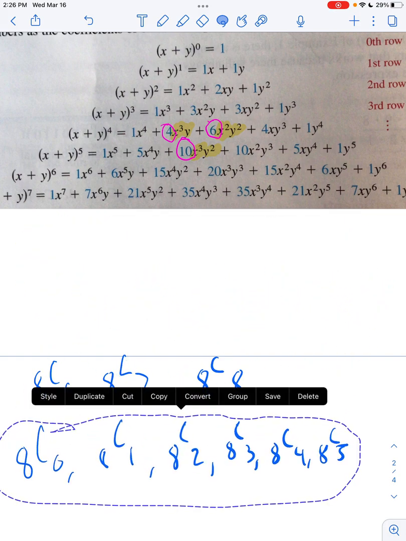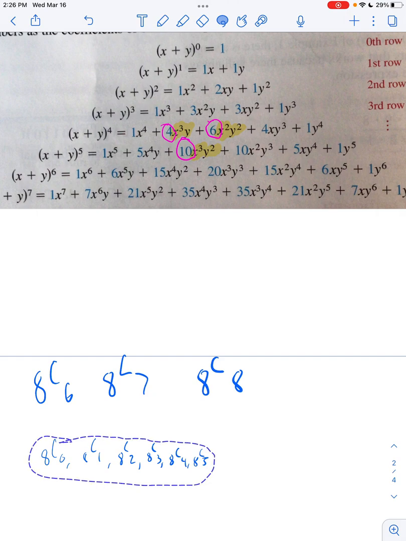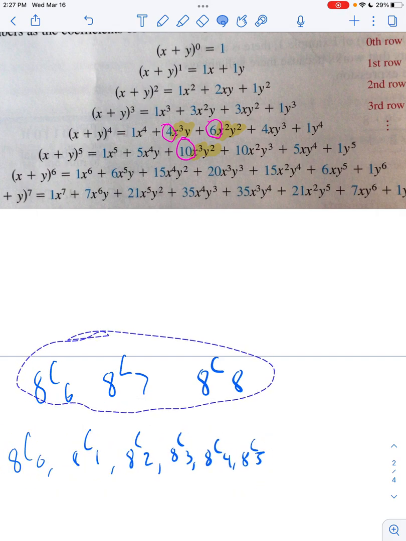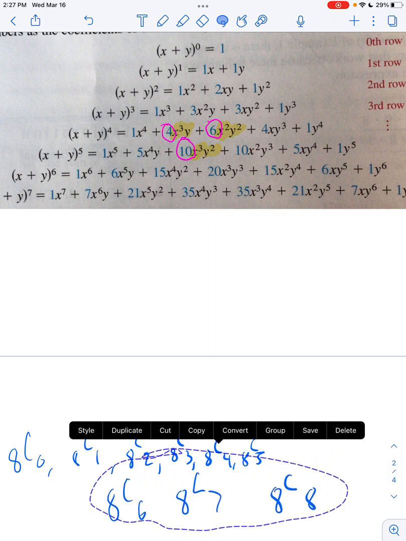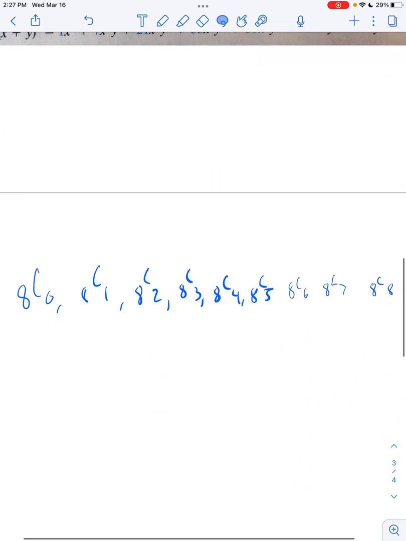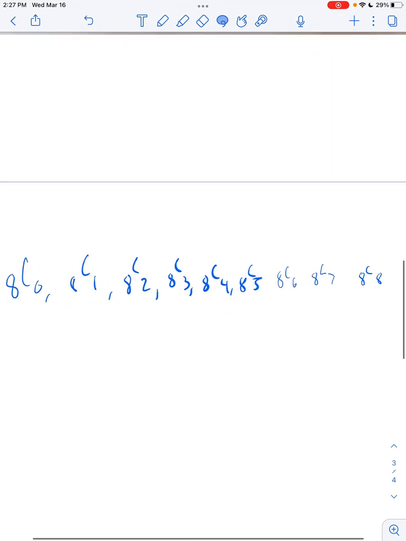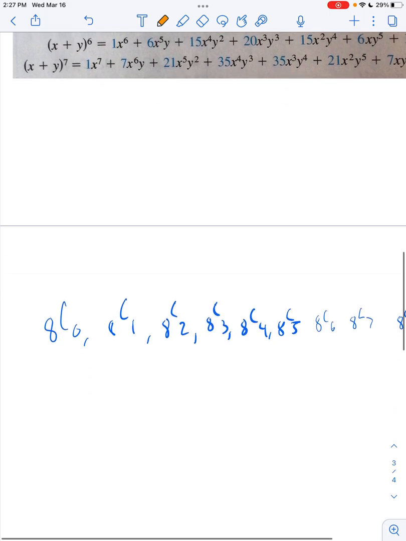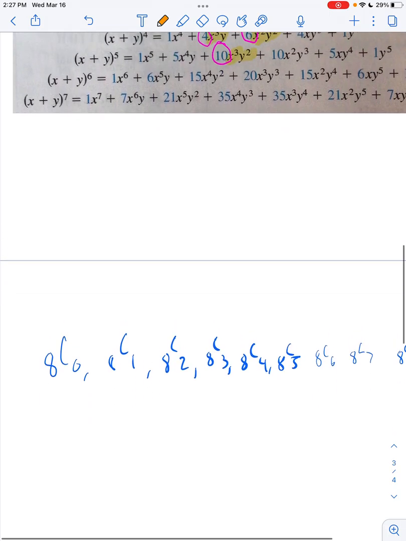Let me move this down, I apologize, I just want them to be next to each other. Okay, there we go. I'm going to take my numbers from my 7th row, that's the bottom row, and put them in right here.